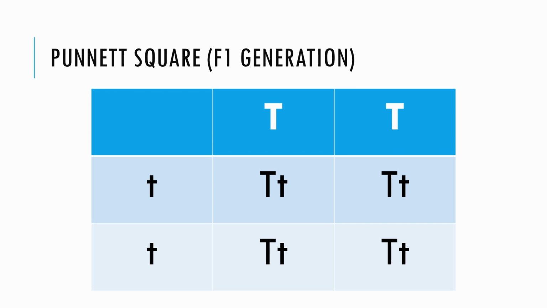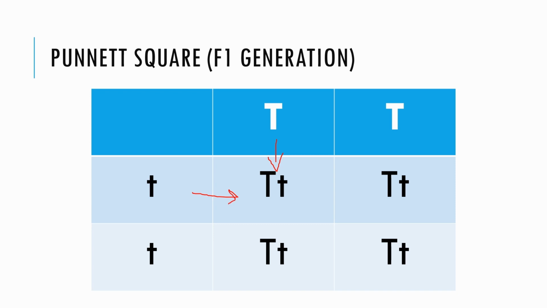A Punnett square, and I'm using the F1 generation as an example. This is the homozygous dominant. With this one, you just put each allele side by side. So you put the big T downwards and the small t over here.